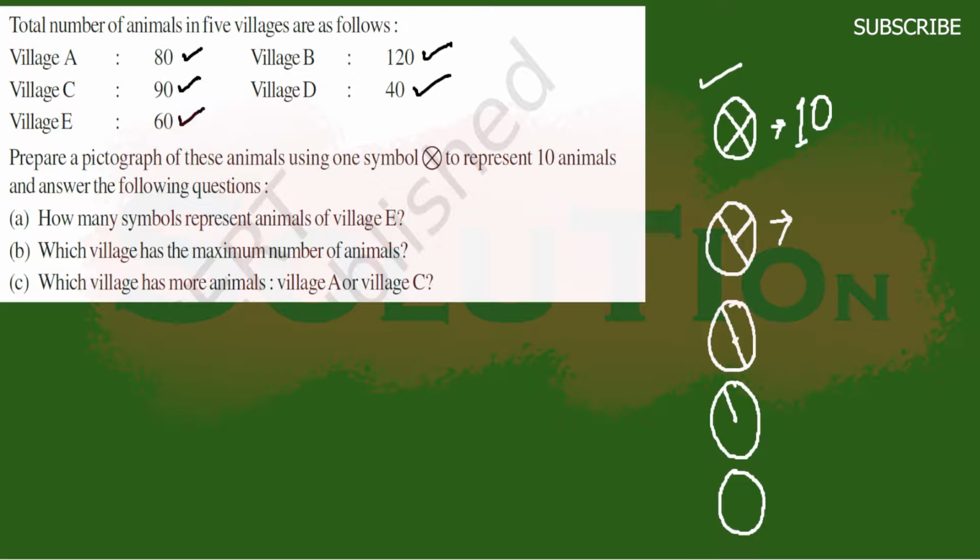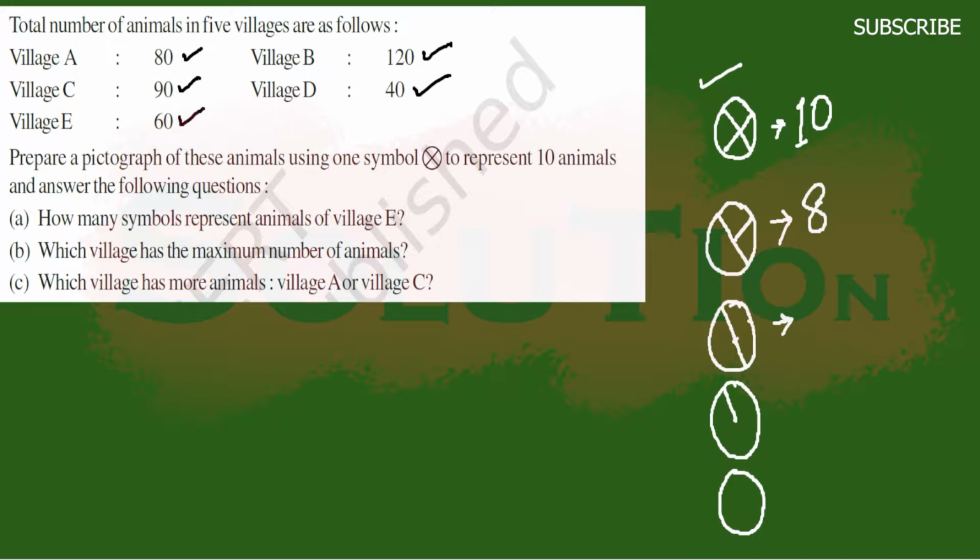Here we have used one circle and 3 lines. If I use 4 lines, then it is 40, and one circle is 10. In this next picture we have used one circle and 3 lines, so for that I'll be using 8.